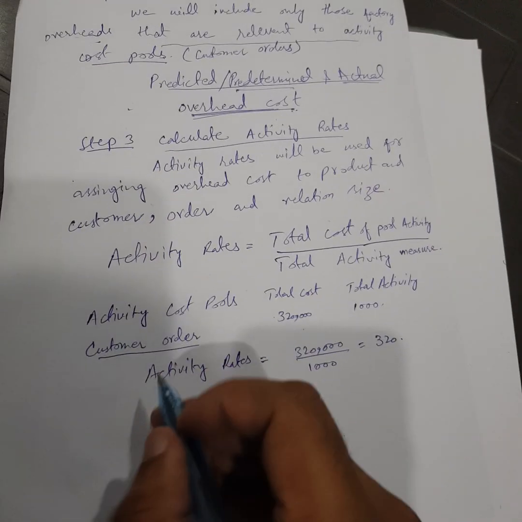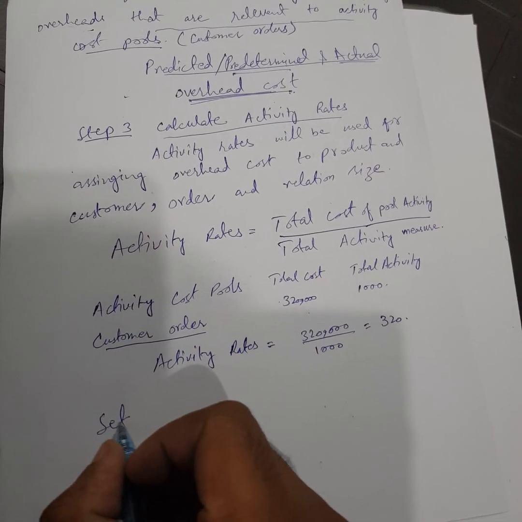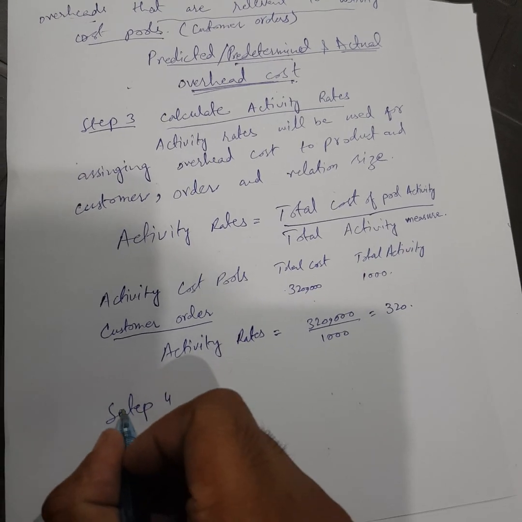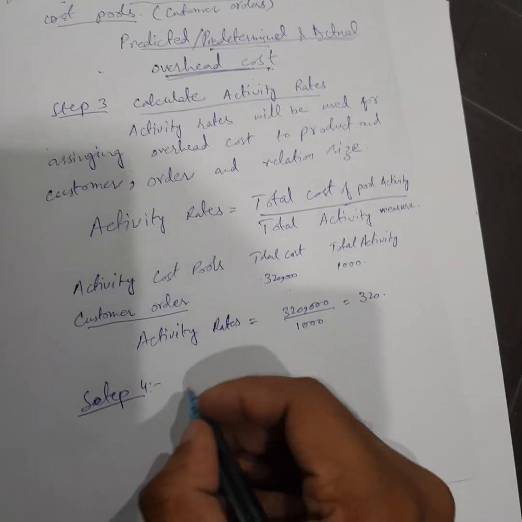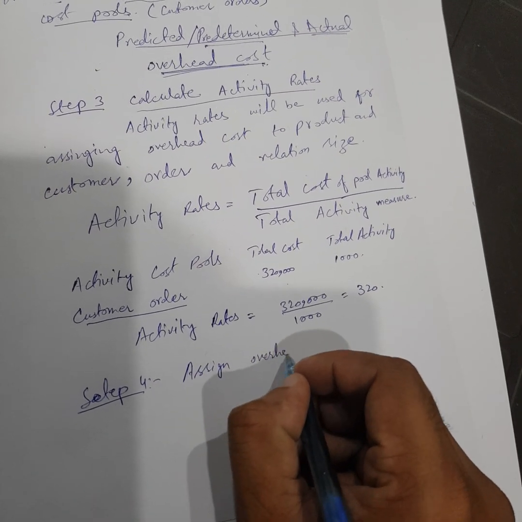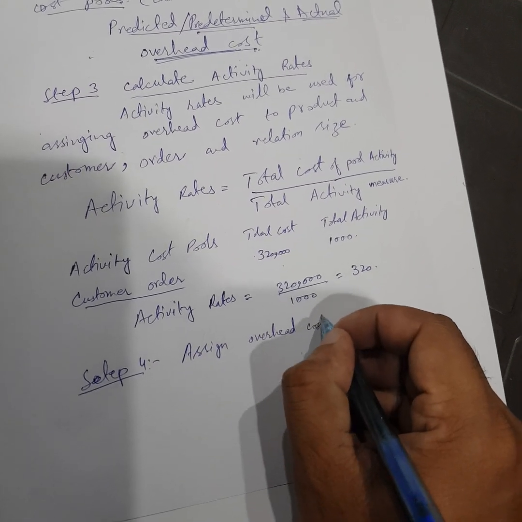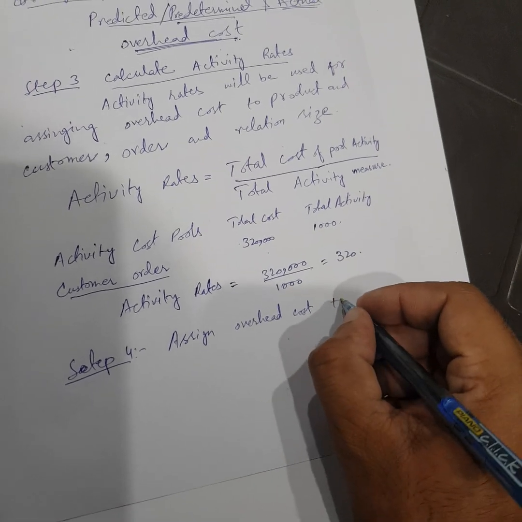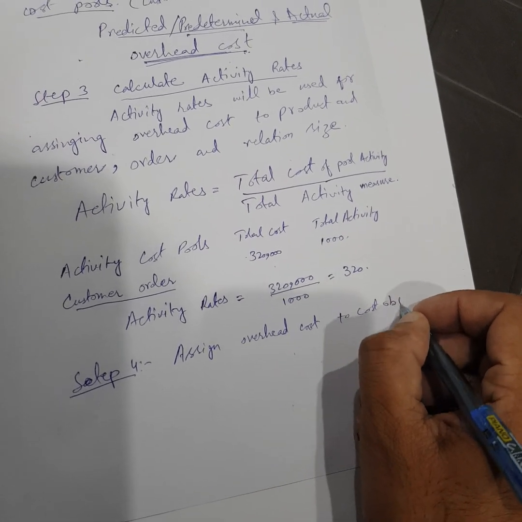The fourth step, step number 4, is to assign overhead cost to cost objects. It is very simple.